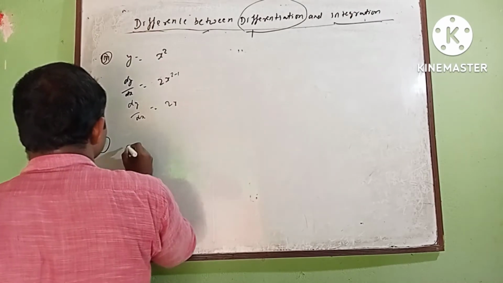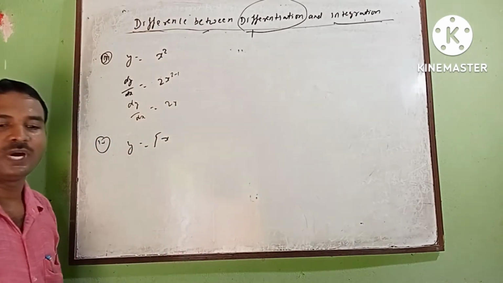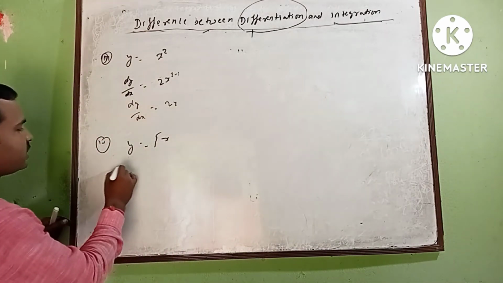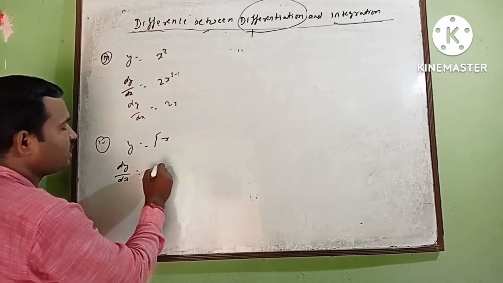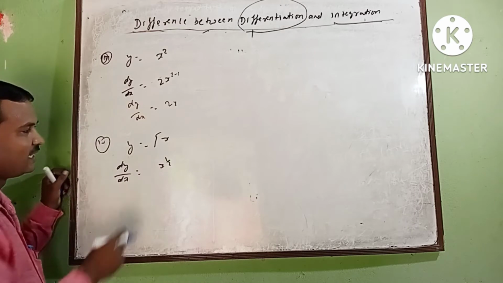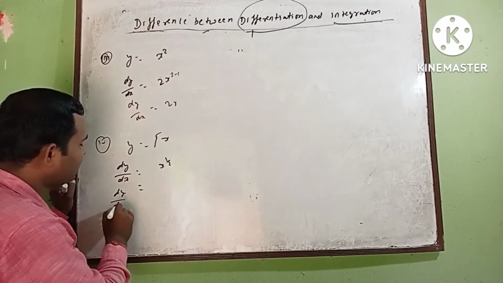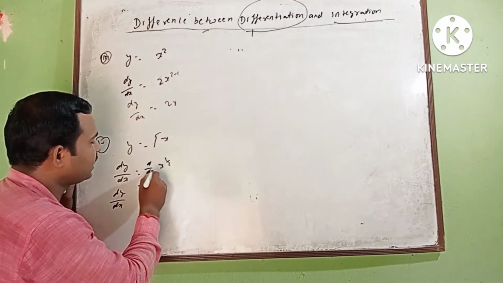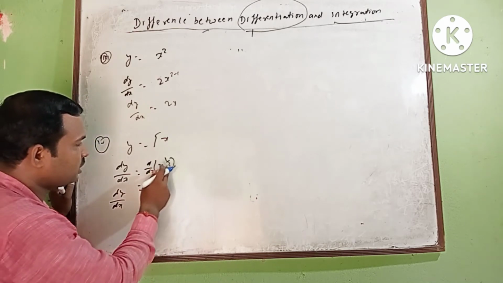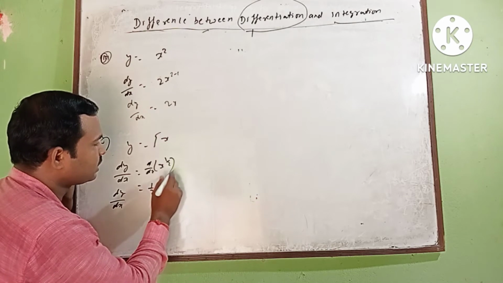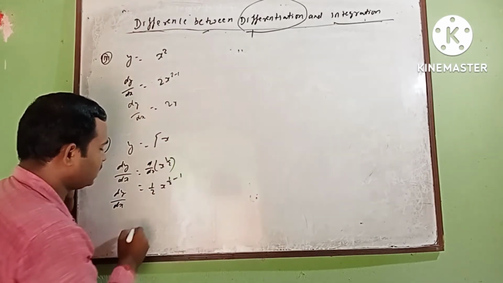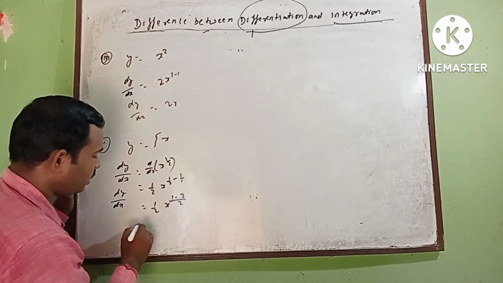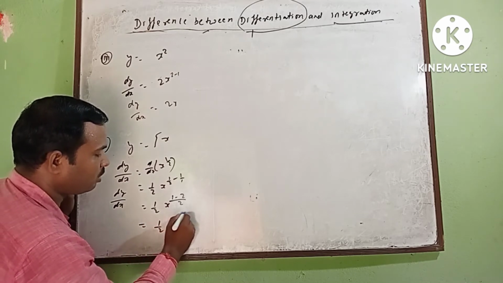Next, suppose y is equal to root x. Solve this question: you write x to the power half, and dy by dx is equal to half, multiplying the power, so half x to the power half minus 1. Taking the LCM, 1 minus 2 by 2, it is half x to the power minus 1 by 2.